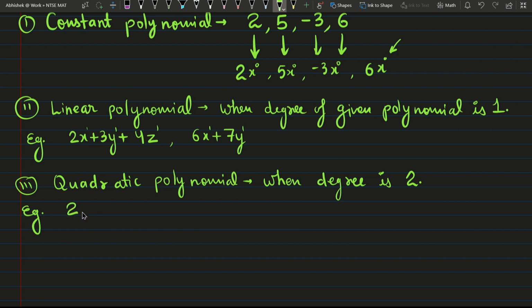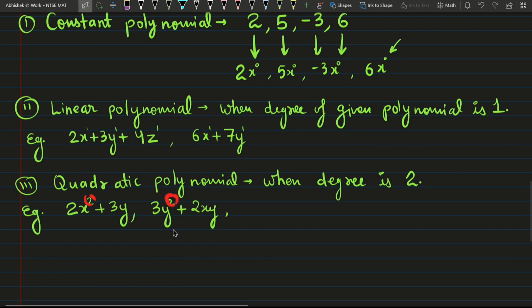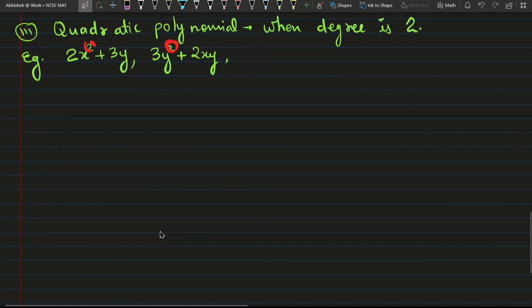If we write 2x square plus 3y, or 3y square plus 2xy, here we can see that the degree is 2. So whenever the degree is 2, we can say that kind of polynomial is a quadratic polynomial.